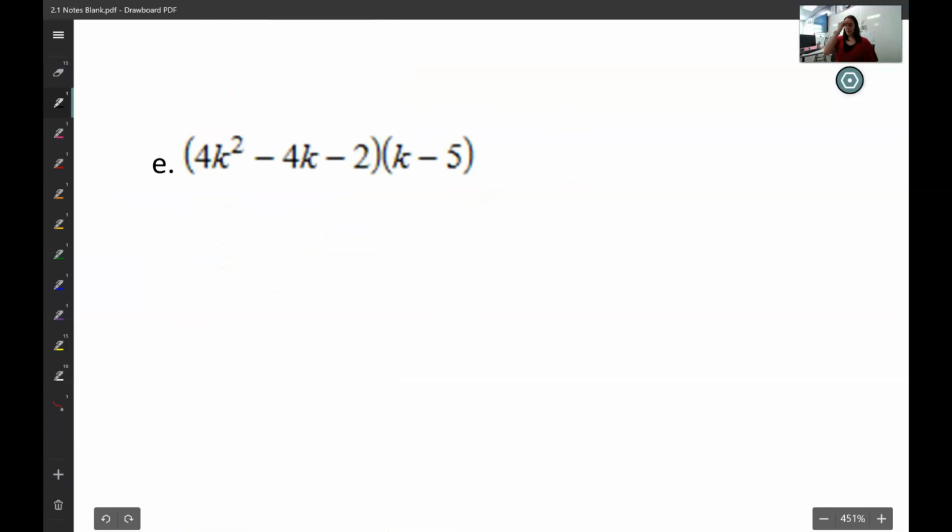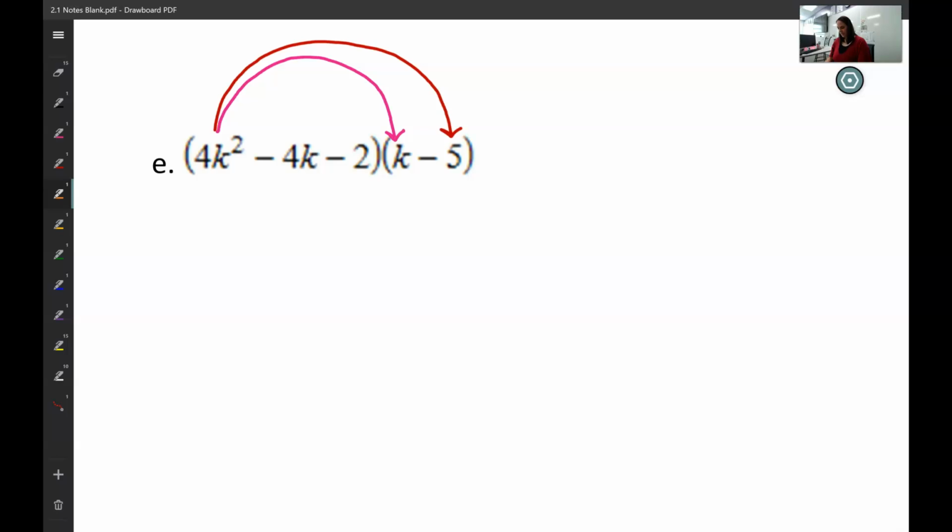Last multiplying problem. For this one, it's a little longer, but it's the same idea. We're still going to take this first one and distribute it to everything in the second one.